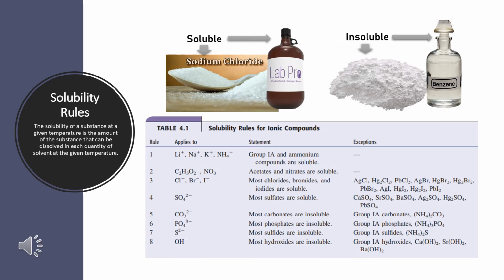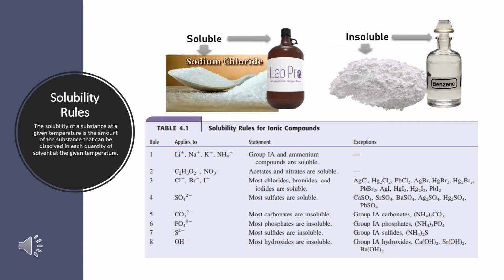So this table here, this one that I have shown, is a list of the 8 solubility rules for ionic compounds. These rules apply to most of the common ionic compounds that we will discuss in this lesson.